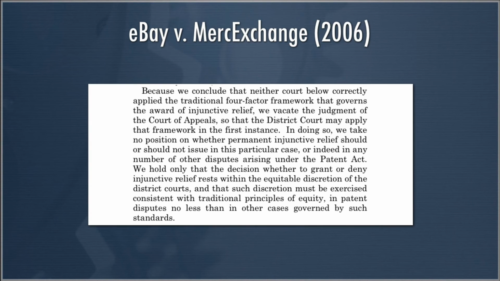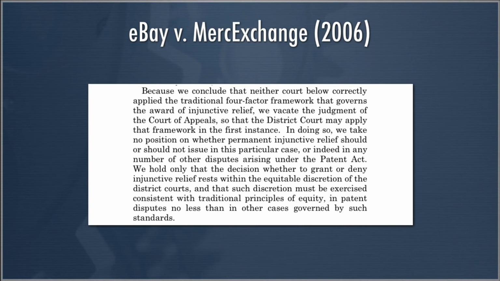Right? So this goes to the Supreme Court, and the Supreme Court essentially says the following, and this is actually pretty much the entire analysis of the majority opinion. "Because we conclude that neither court below correctly applied the traditional 4-factor framework that governs the award of injunctive relief, we vacate the judgment of the Court of Appeals so the district court may apply that framework in the first instance.